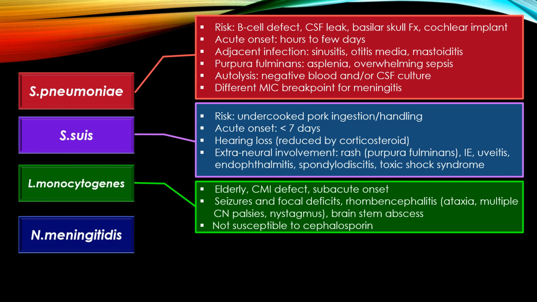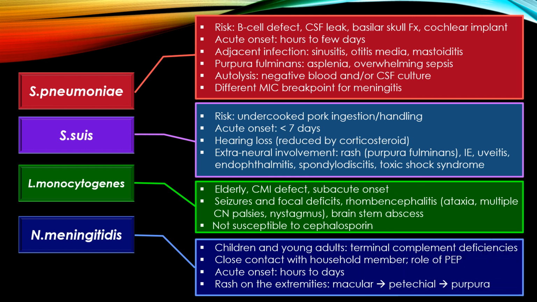The classic case occurs in the brainstem, so we call it rhombencephalitis. Patients may have cranial palsy, ataxia, multiple cranial palsies, or nystagmus, or some patients develop brainstem abscess. One thing you should know is that this pathogen is not susceptible to cephalosporin, which is the most common drug used as empiric treatment for meningitis.